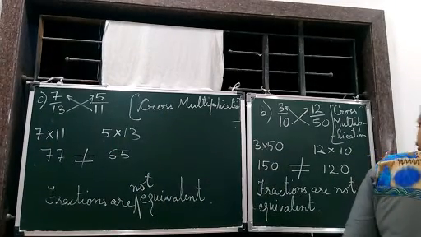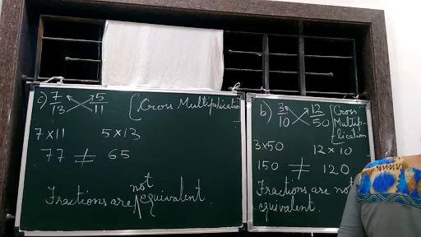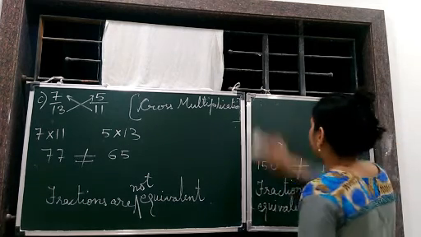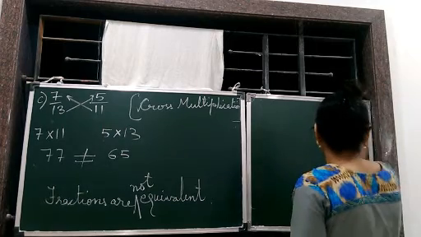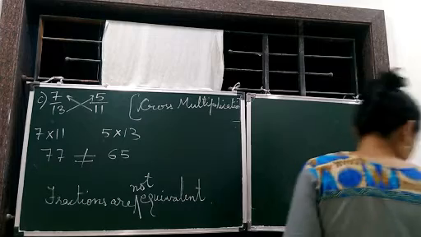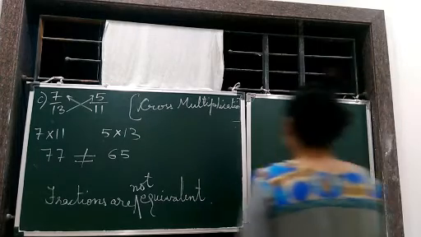Then we start with seventh question. Seventh question says reduce the following fractions into simplest form. Simplest form means छोटे से छोटा करो, छोटे से छोटा करना. This also we've done earlier.